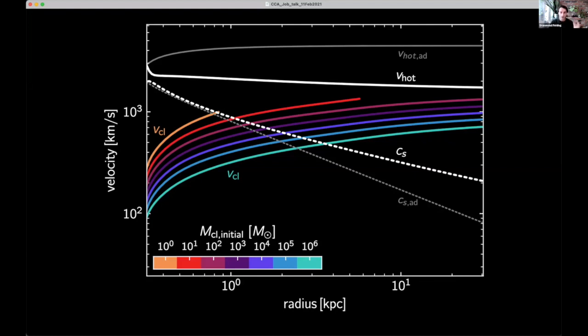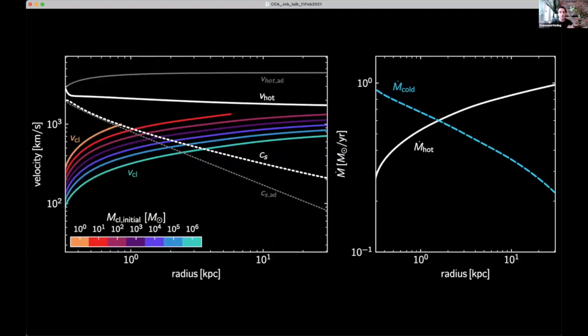And so there's a ton of things you can look at here, and I'll only show one crucial property, which is what we started with. You remember I showed Chang-Gu's simulations in our analysis of the phase structure, which was also seen in Virage's analysis of the fire simulations. And what we saw there was that most of the mass at the base of the winds was flying out in the cold phase. This is showing the mass flux in the cold phase versus the hot phase as a function of radius.